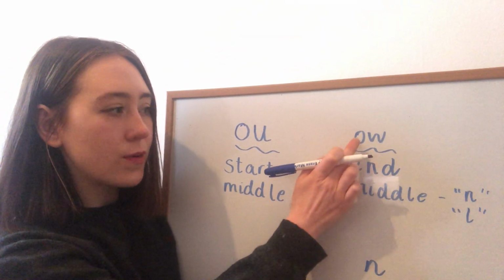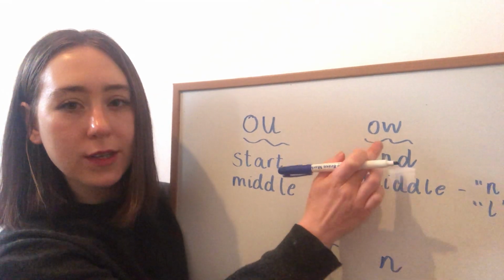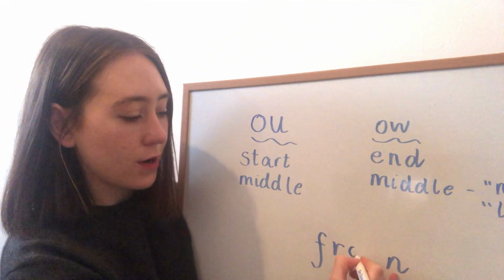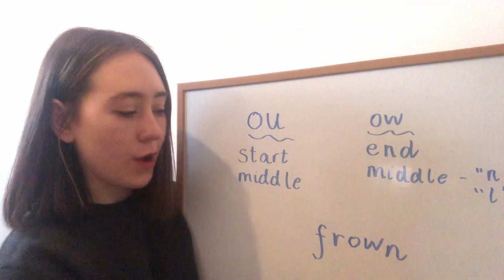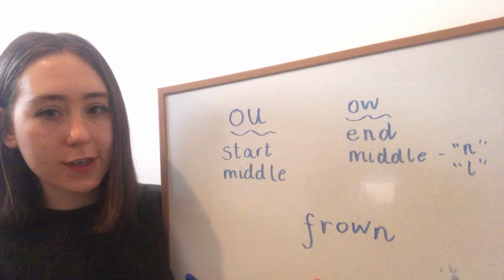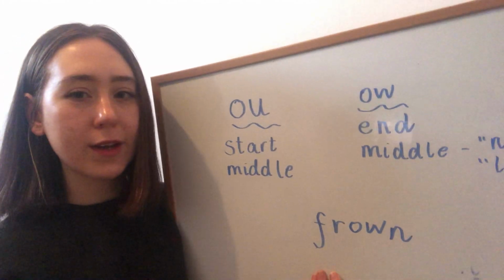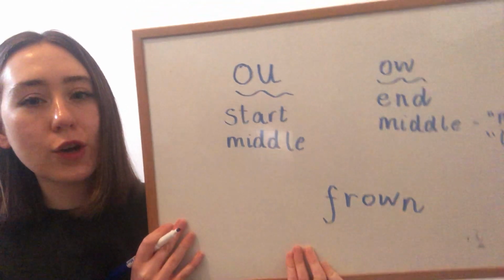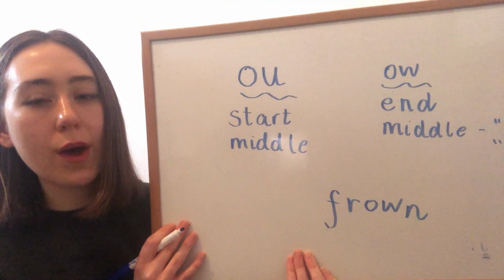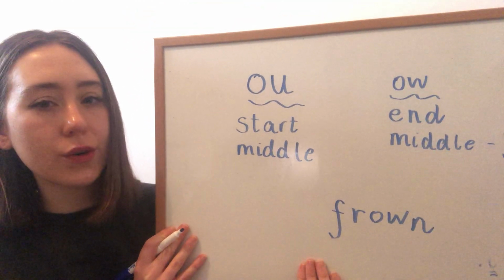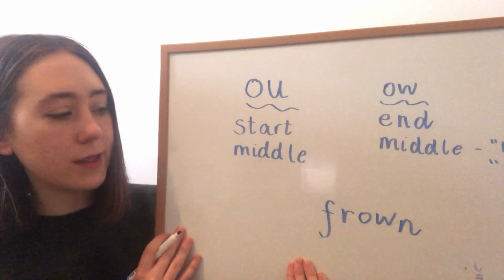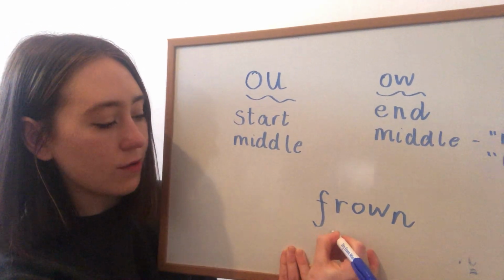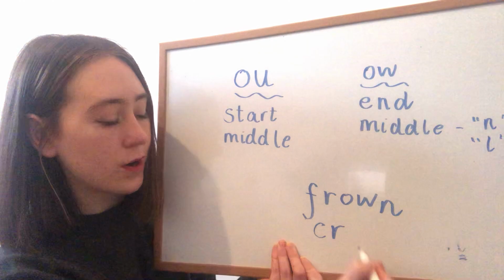So that we know the ow sound is the one we're looking for. Don't frown, wear this crown. Can you have a guess at that one? Crown. So let's write it down. Crown.